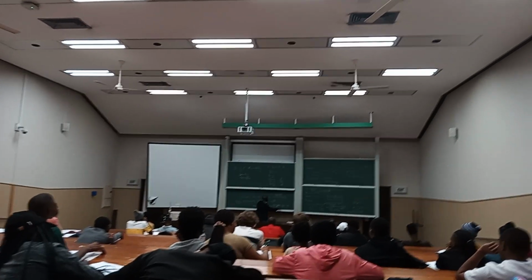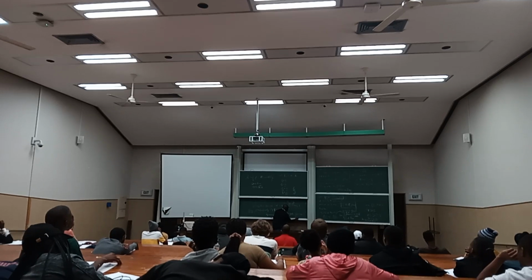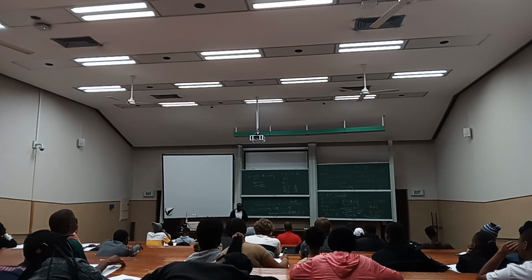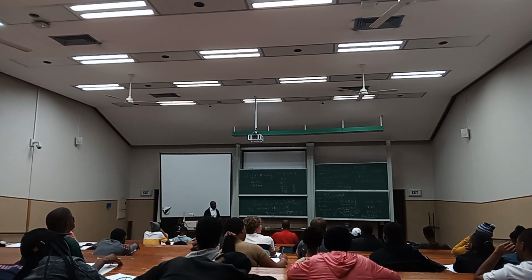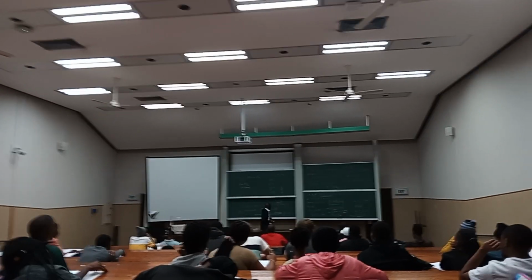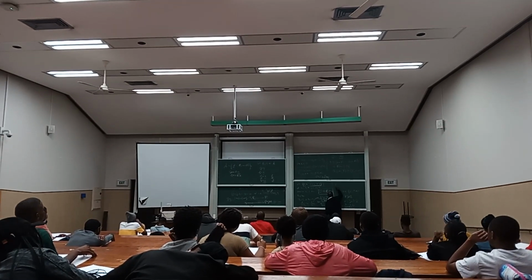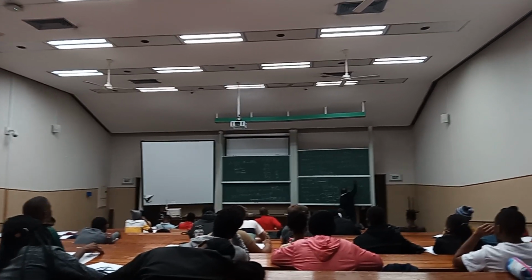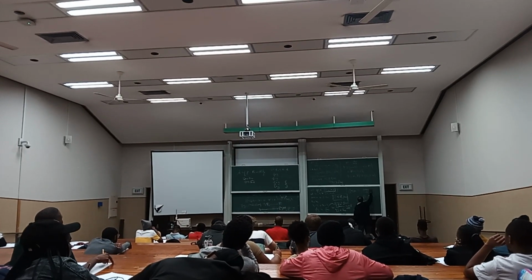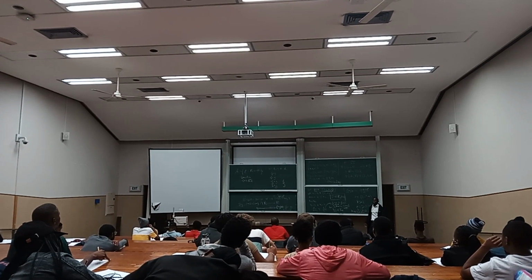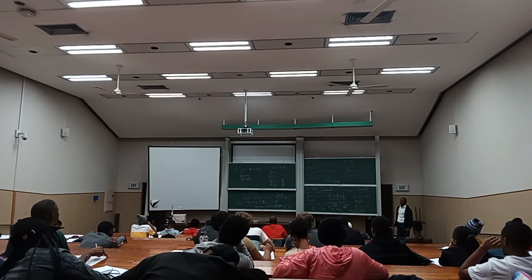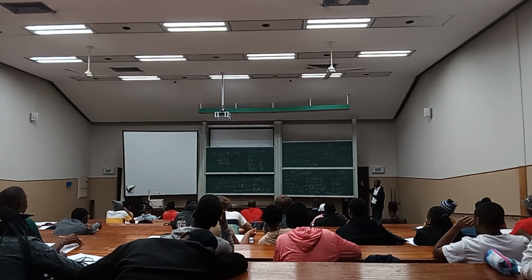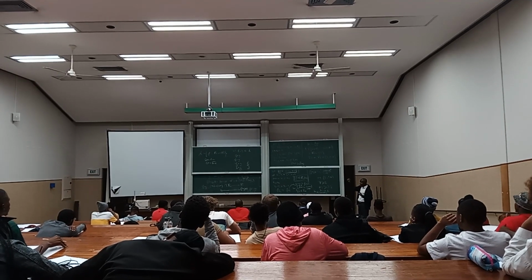So f of x is 1 over x minus 2, and j of x is exponential of x. So that is my expression now: f plus j of x will be 1 over x minus 2 plus exponential of x. So that is my function f plus j, the sum of functions.